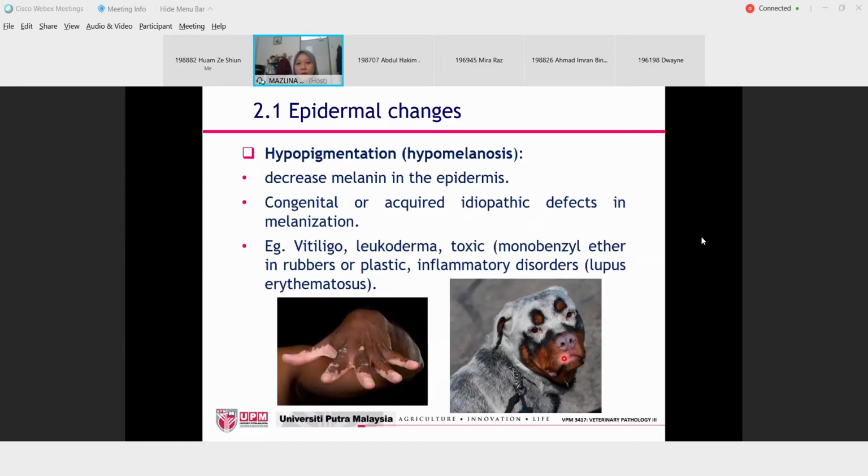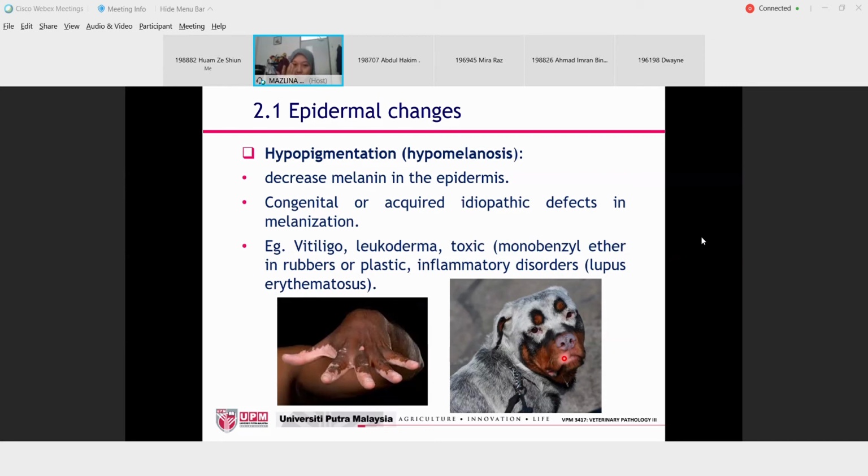Definitely when you have hyperpigmentation, there can also be hypopigmentation or hypomelanosis. So this is basically the opposite. What you expect to see is decreased melanin in the epidermis. Hypopigmentation can be due to congenital or acquired idiopathic defects in melanization.